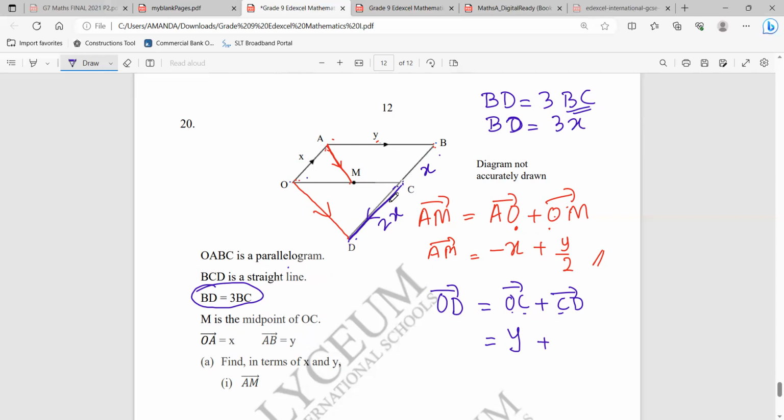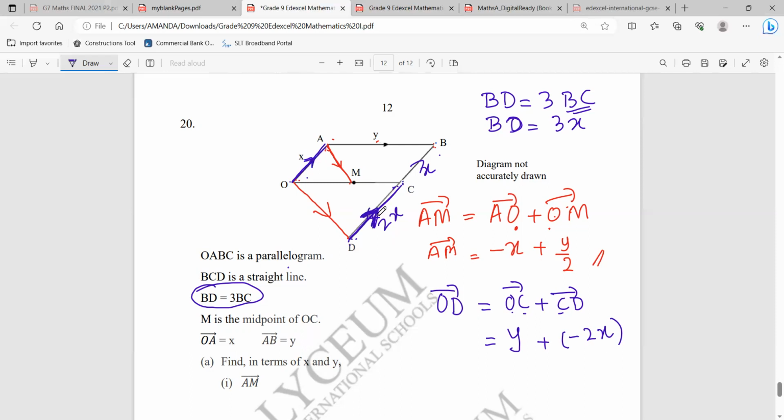However, x is to this side, so this vector 2x is positive in this direction.